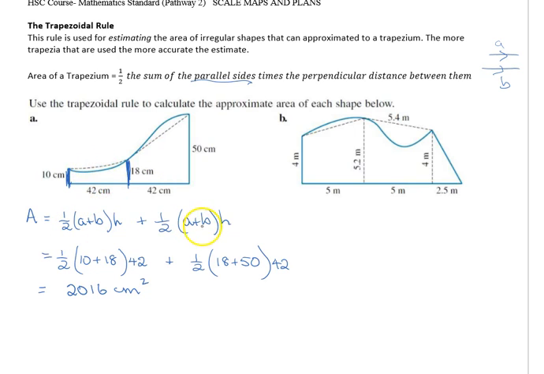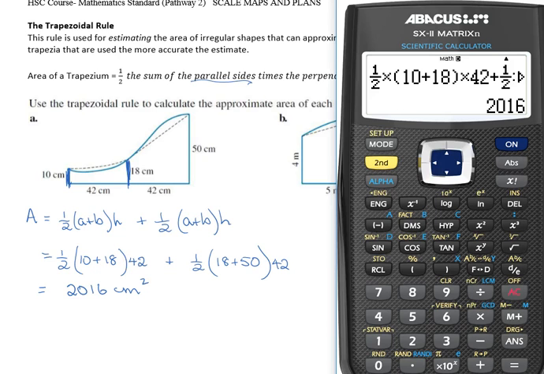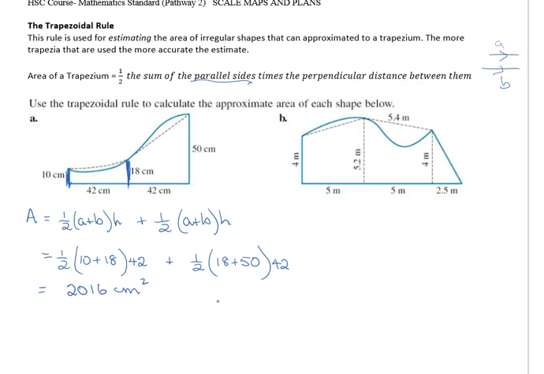You can see the two formulas, and substituting into the formulas and taking the calculator, we get 2016 centimetres squared. And that would be our estimation for the area.